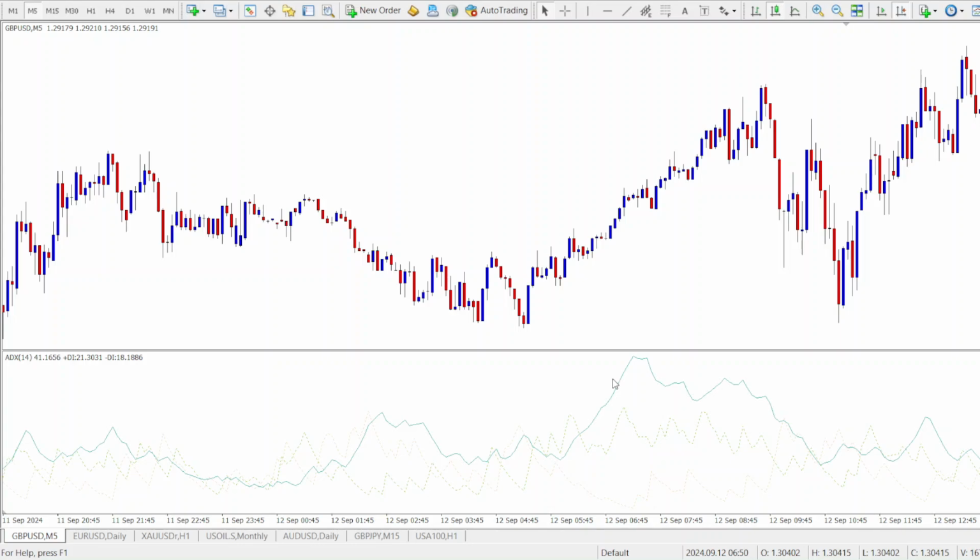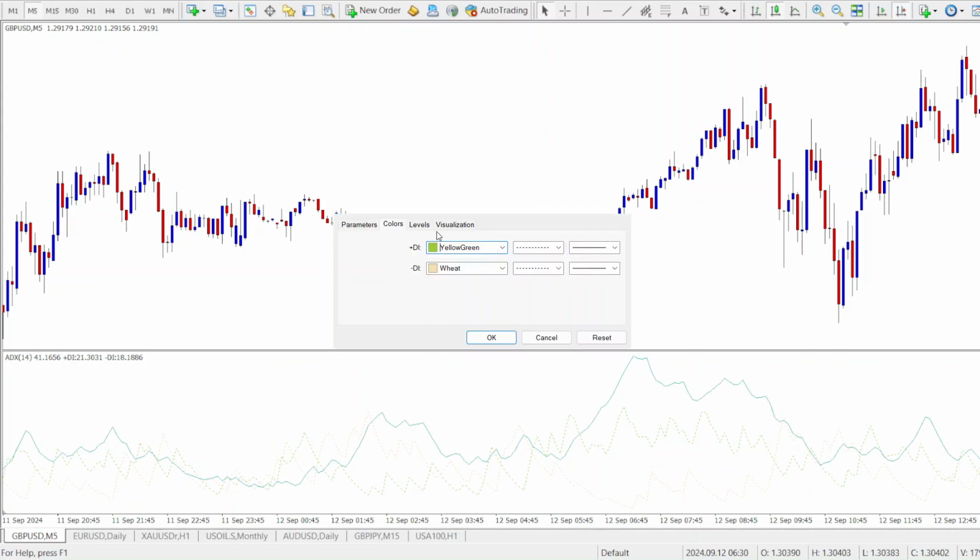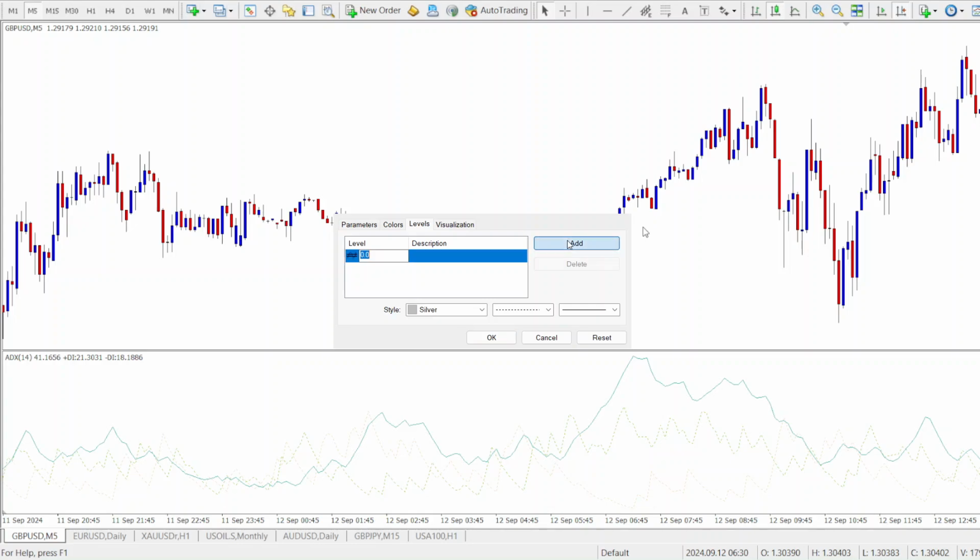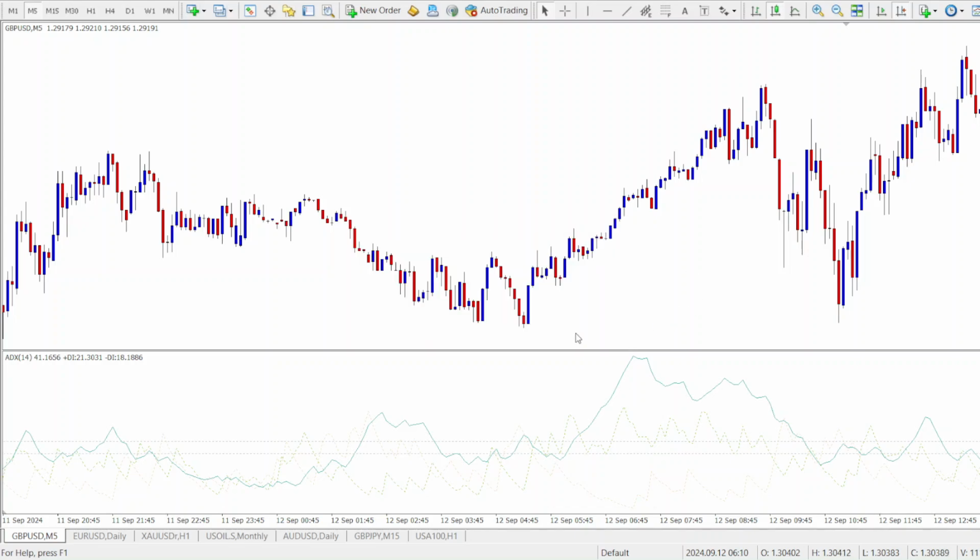Higher ADX values, generally above 25 or 30. Let's just add 25 and 30. So higher ADX values, typically above 25 or 30, indicate strong trends, whereas lower values show weaker trends.